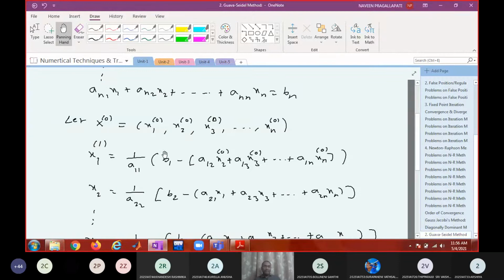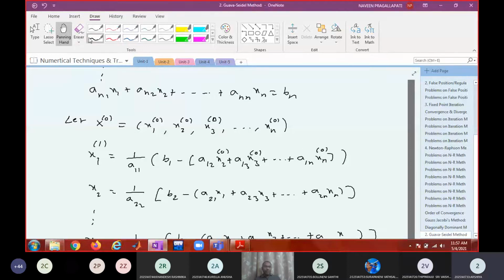Do you agree? So this x1 power 0 is improved to x1 power 1 using the initial approximations. Do you agree with this? Please respond.